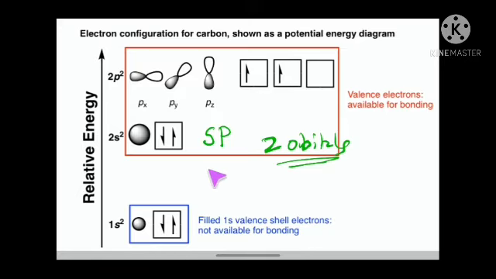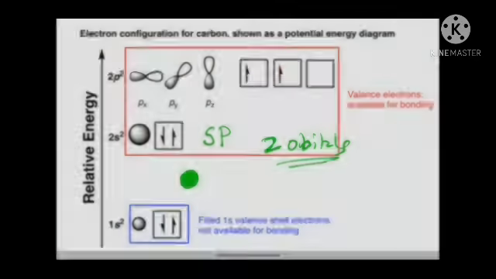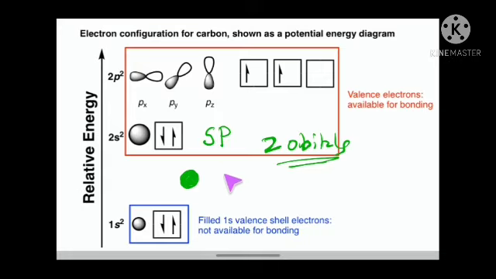So let me put it this way. This is the s orbital, and this is the p orbital. They combine together and form something like this, 2 orbitals.